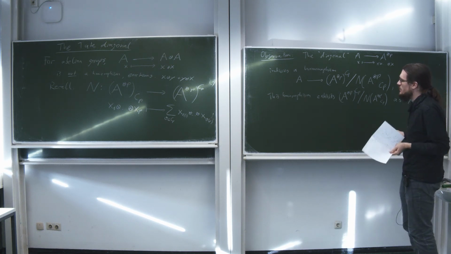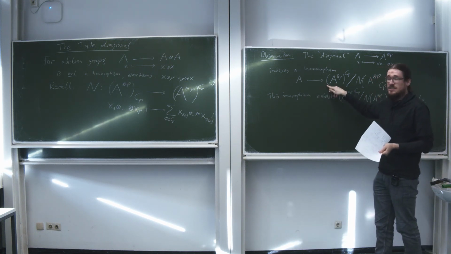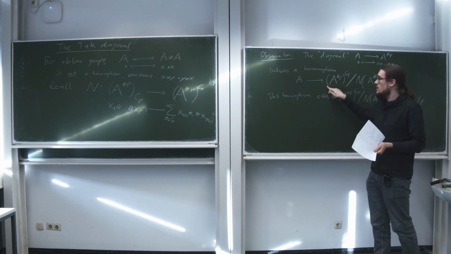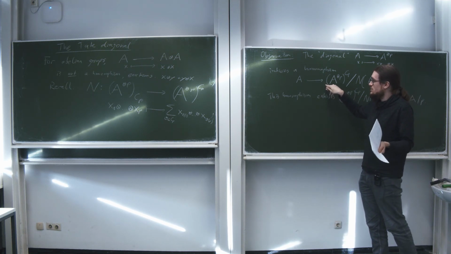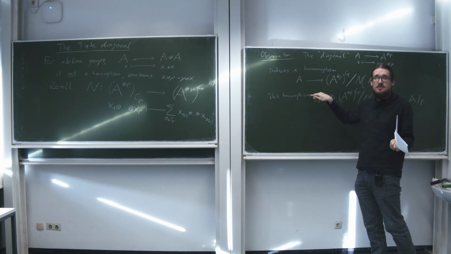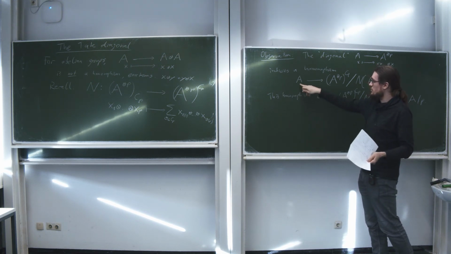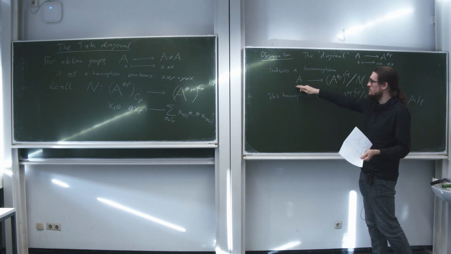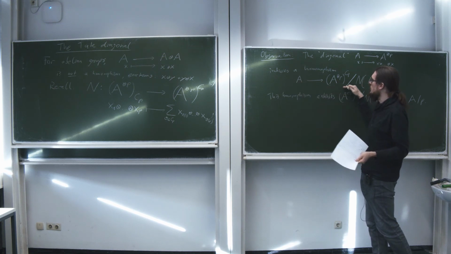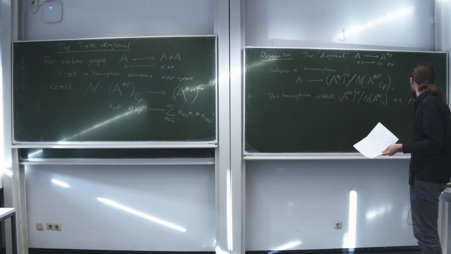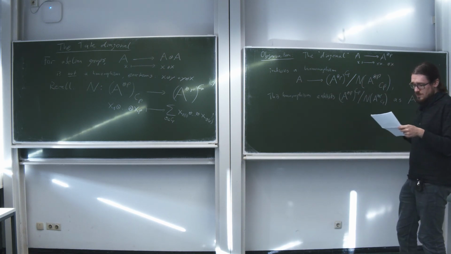What do I mean by that? Well, I simply mean that this map is actually surjective, and its kernel is precisely p times A. So in other words, this induces an isomorphism from A mod p to this. Okay.